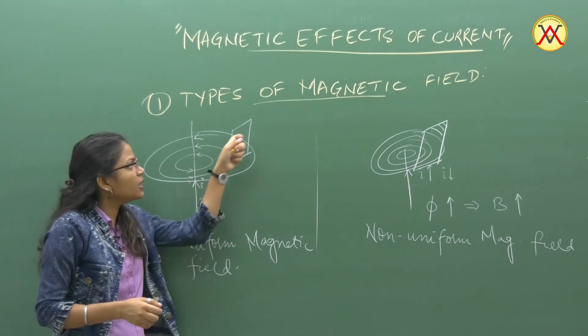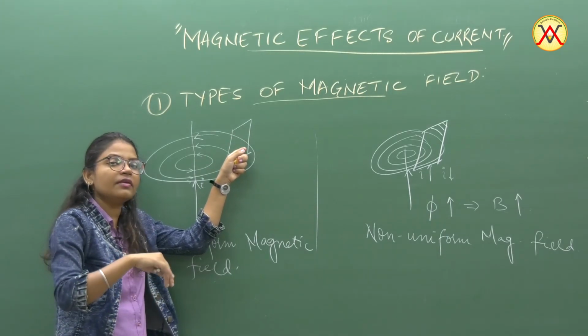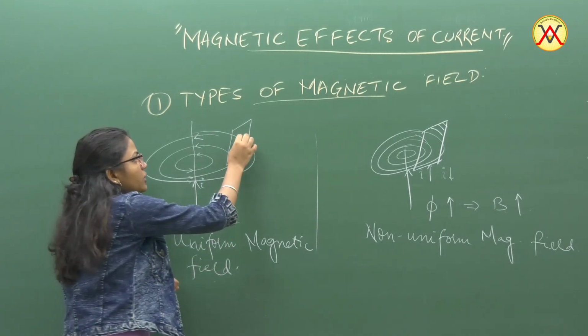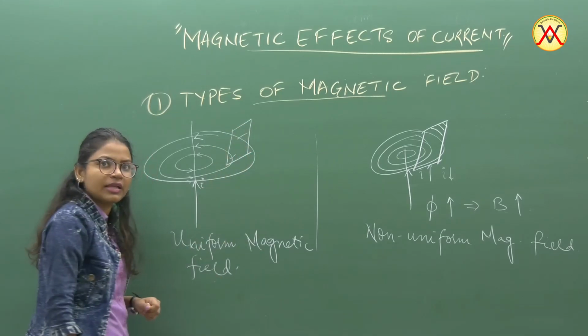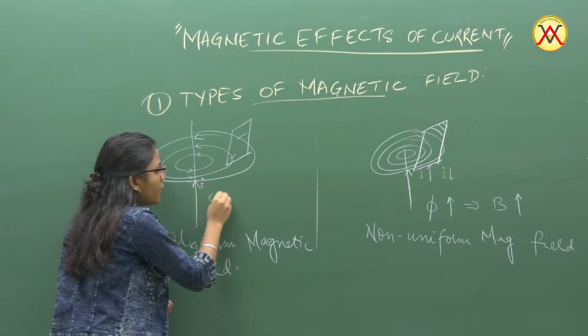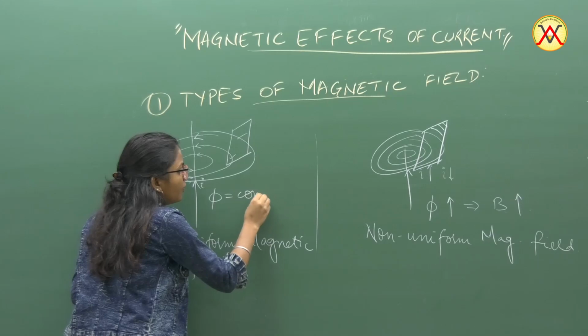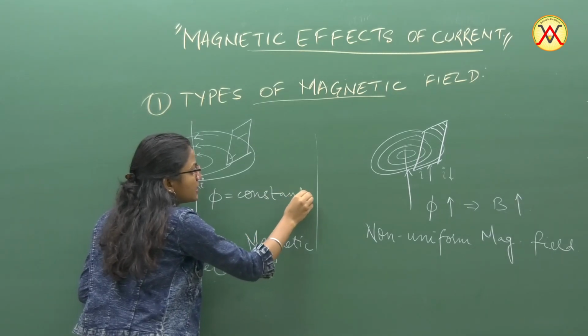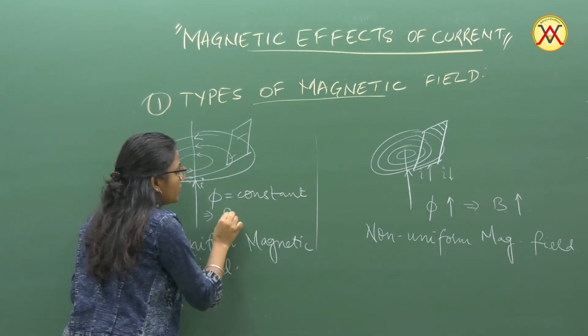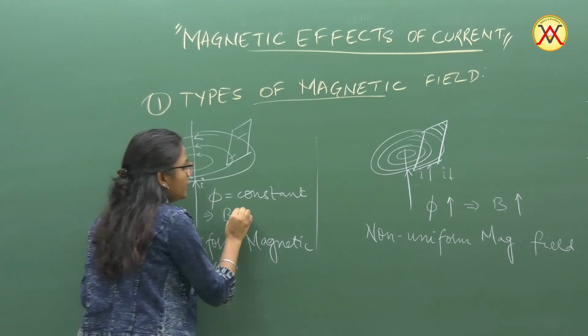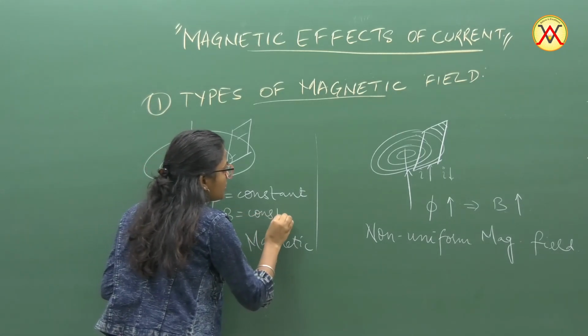After 5 seconds, 2 lines will be passing through that area, and even after an hour, only these 2 lines will be passing through that area. So for our uniform magnetic field, our magnetic flux is constant, which implies that magnetic field intensity is also a constant value.